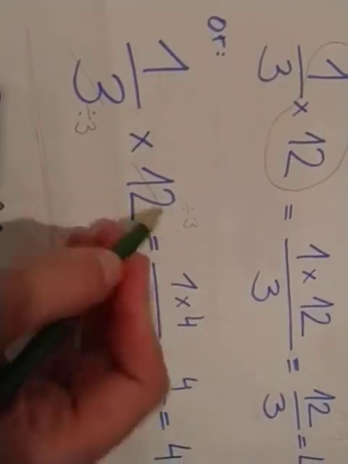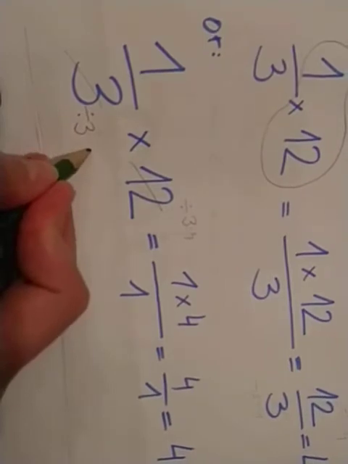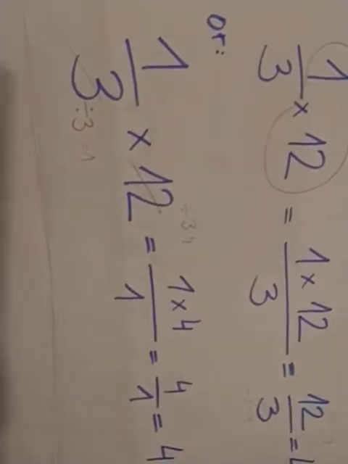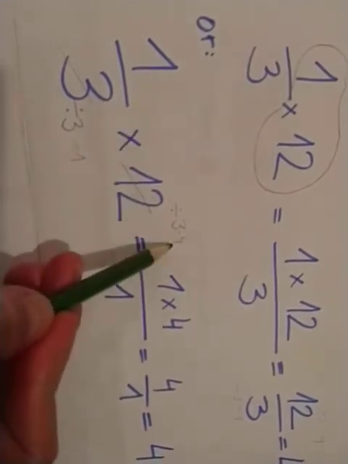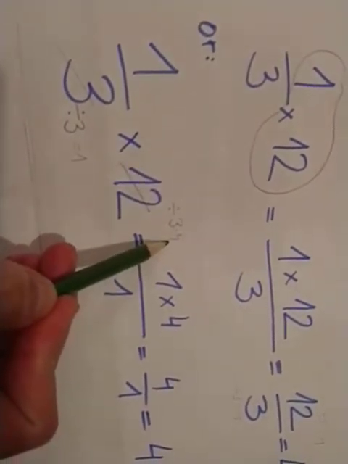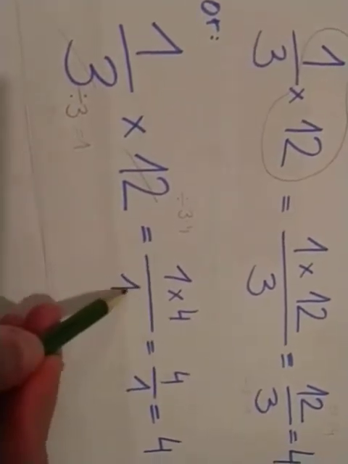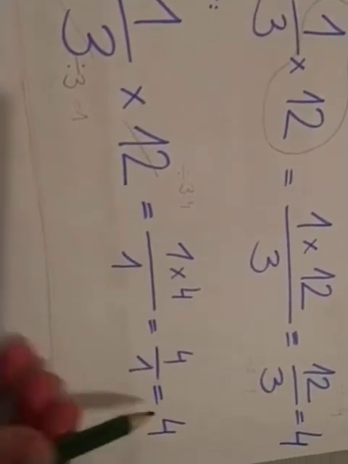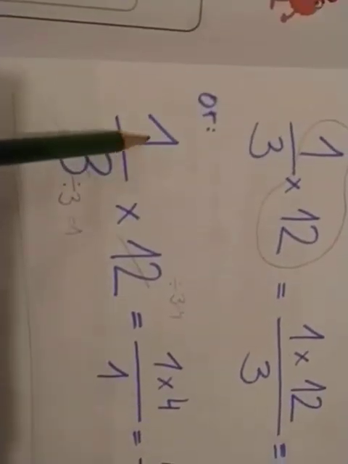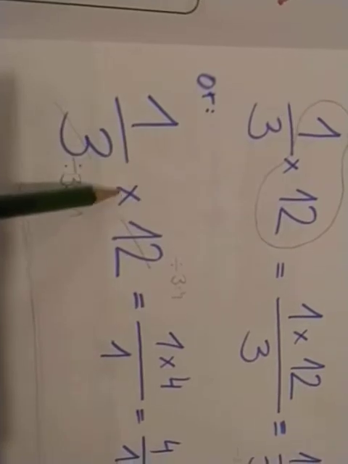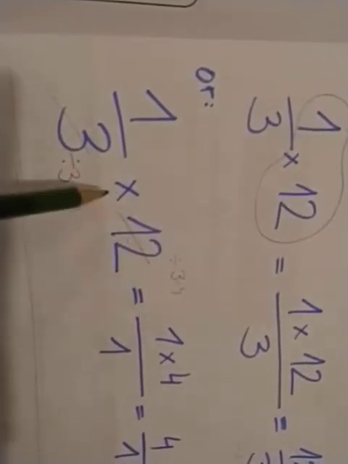If I divide 12 by 3, I get 4. If I divide 3 by 3, I get 1. So I do 1 times 4, because I simplified it. Here I got ones, so I got 4 ones, and it is 4. This is the best way: you want to do multiplication, but first you simplify these numbers if it's possible.